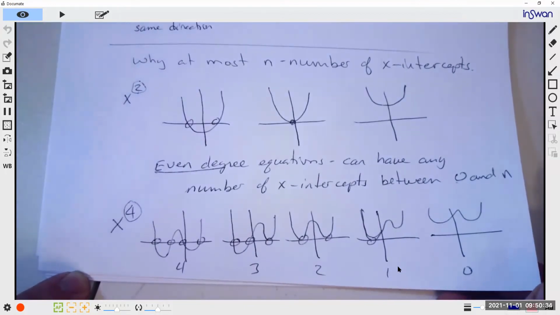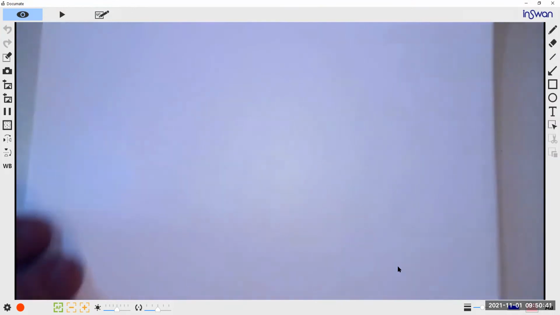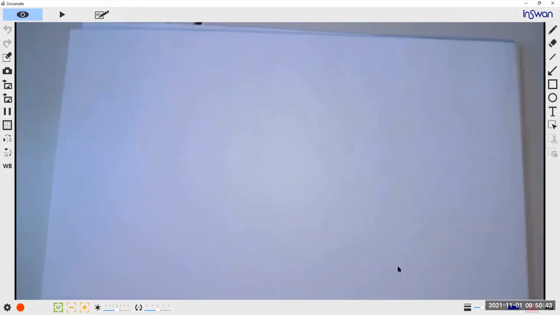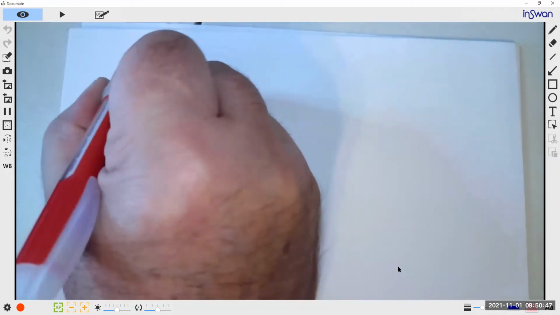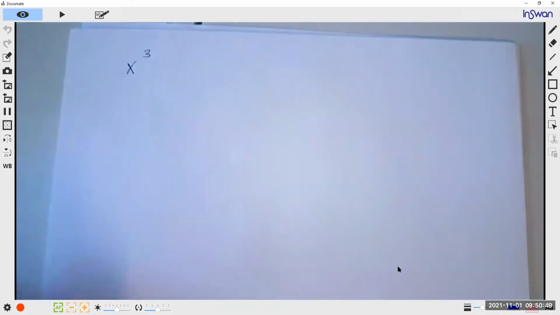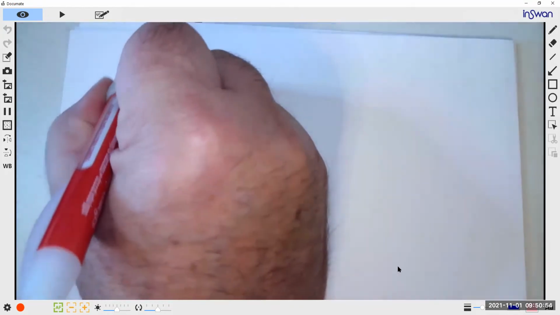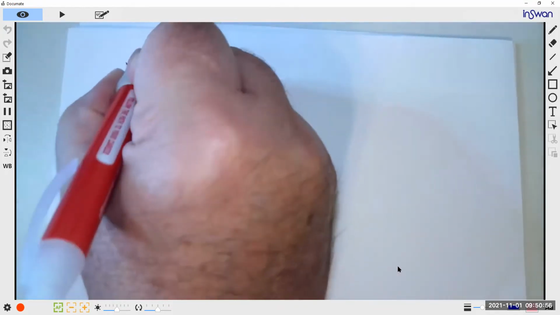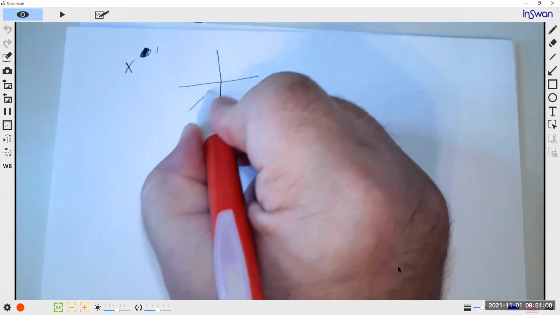So let's look at if n is odd. Let's start with 1, just x to the 1st. That graph, what's that?